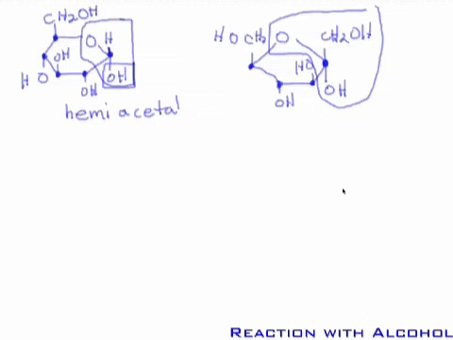And what kind is it? Well, we have an OH, so that makes it hemi. We have no H's attached, so it's a hemiketal. To make it a full ketal, all I'd have to do is change this OH to a CH3.